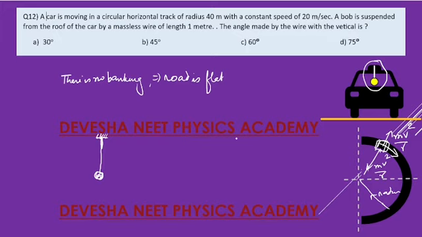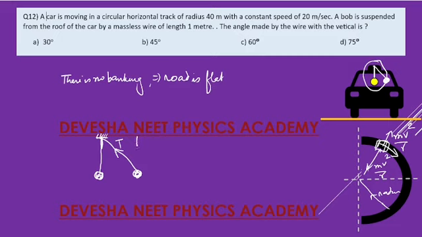Now when the car is moving around the circle, because of the centrifugal force, this will go outwards. This pendulum will go like this, and there will be a tension on the string.